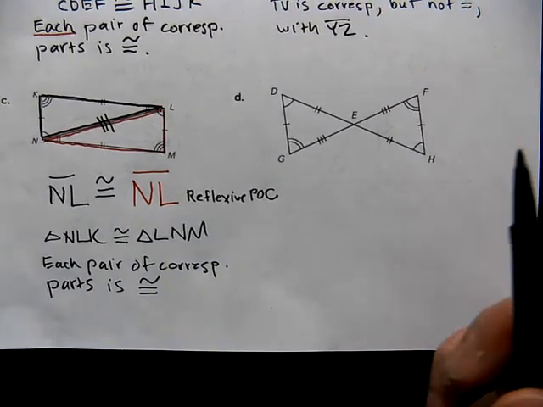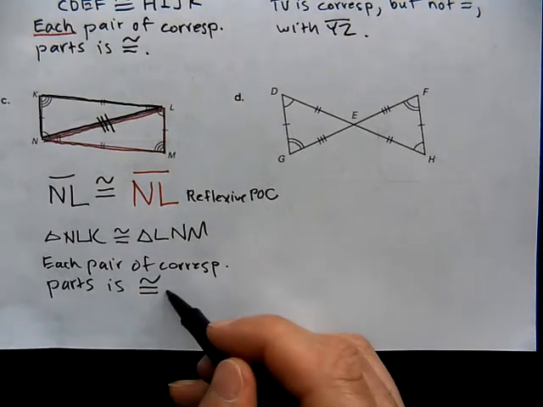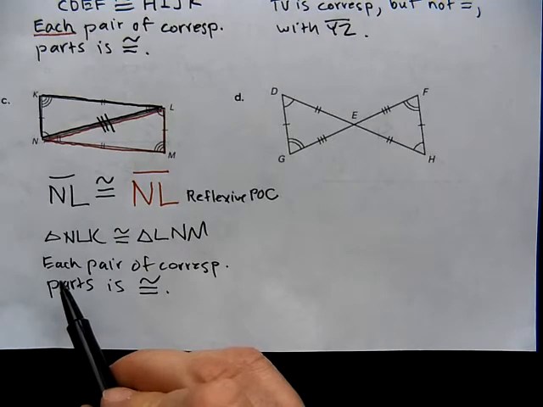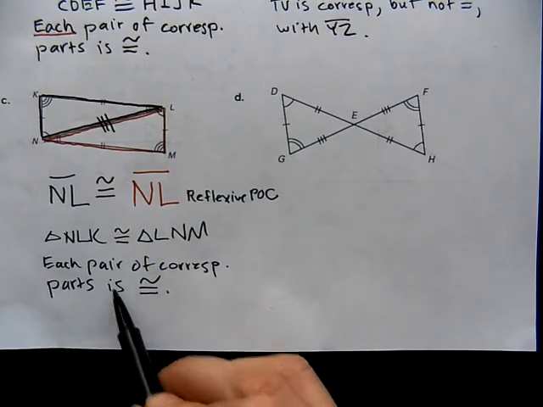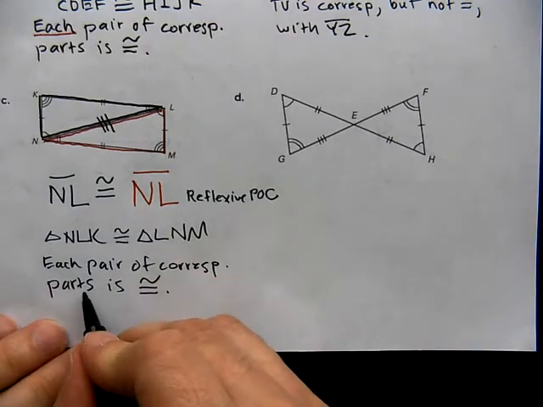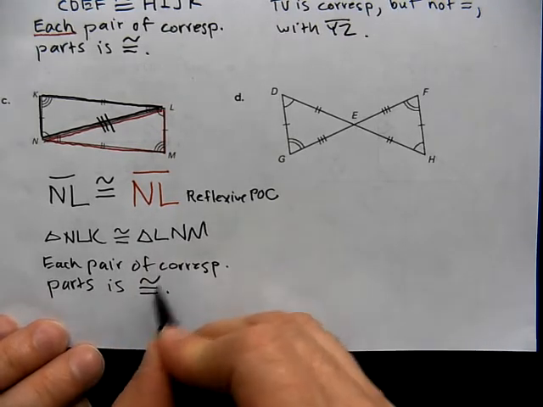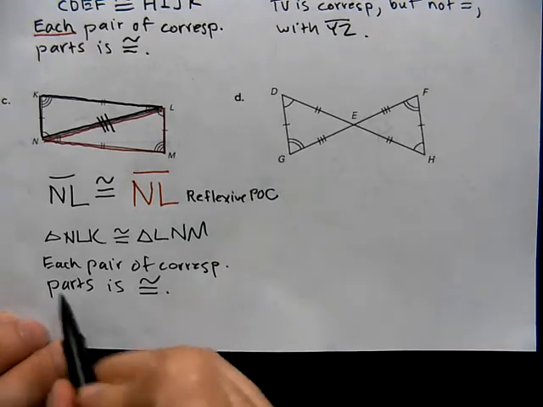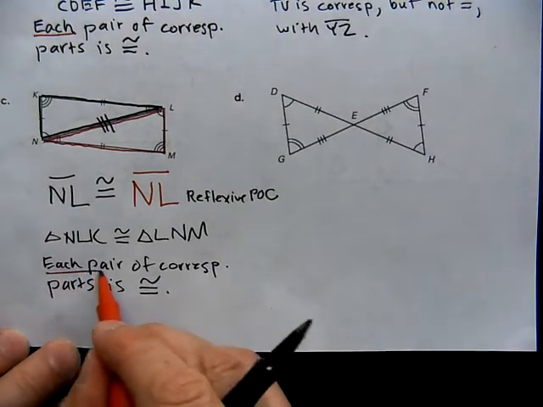I also get the question sometimes just on the grammar of writing a statement like this. Sometimes I have students who ask me, shouldn't it be each pair of corresponding parts are congruent? Thinking that this S means multiple parts, we have plural parts, shouldn't we say parts are congruent? And the answer is no, because parts is not the subject. The subject is each pair, and that's singular.